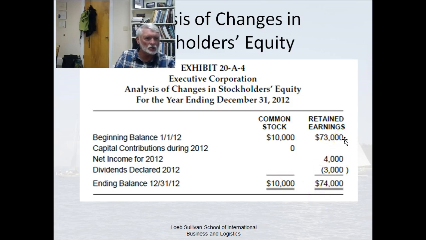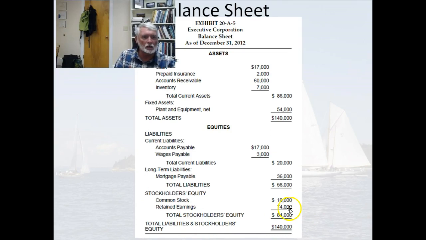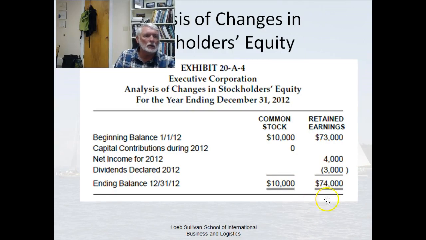However, retained earnings changed from $73,000 to $74,000. How did that change? Well, we earned $4,000 and we paid out dividends of $3,000, so that accounts for the change. So it details what happened, whereas if you go back to the balance sheet, it just shows retained earnings of $74,000. Here you've got a detail of how we got to $74,000.